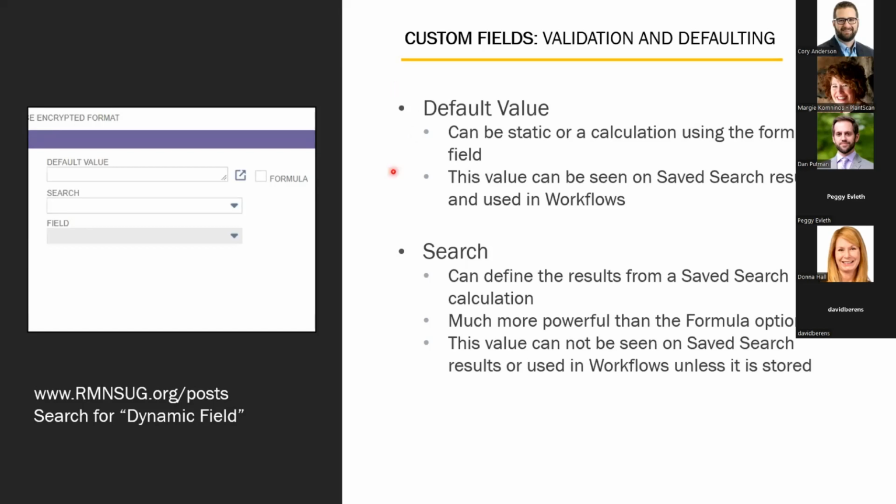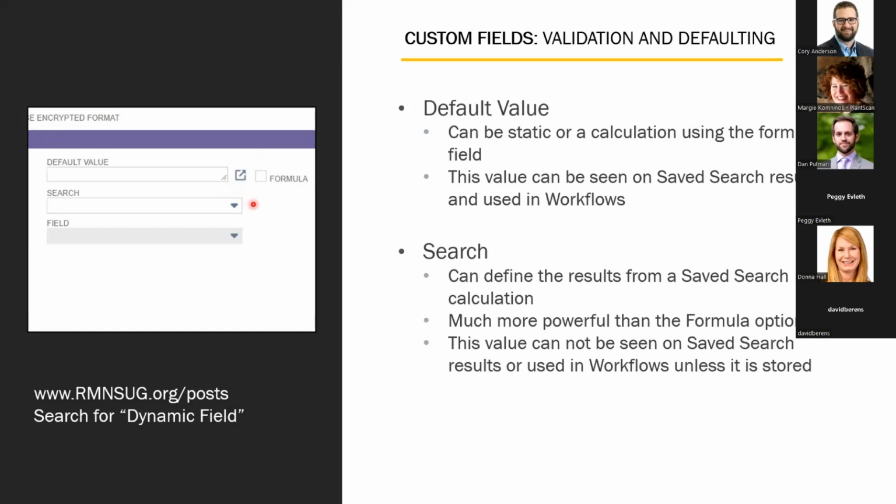And then the search field here, this is where you can define the results of this field from a Saved Search calculation. This is a lot more powerful than the formula option. If you check the formula and then pop this little box open, you can put in a formula.